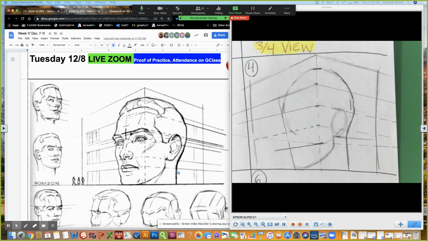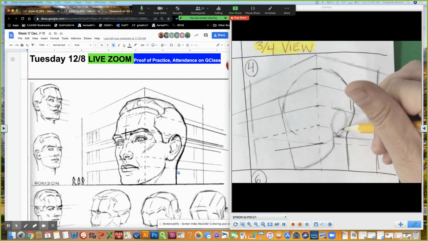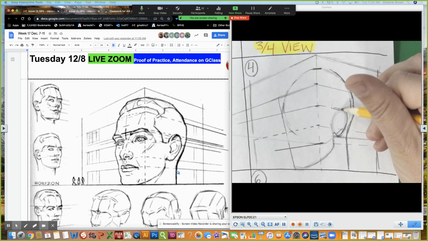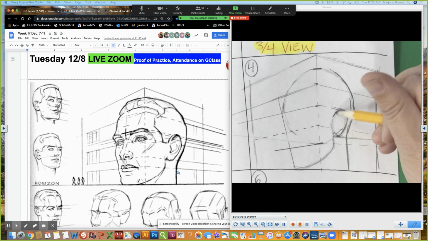That helps me map out where that ear is going to be. Right now it's just a basic oval, and then I can go over it and darken it up to get the shape of what I want that ear to look like. Something like that. I'm pretty happy with that.